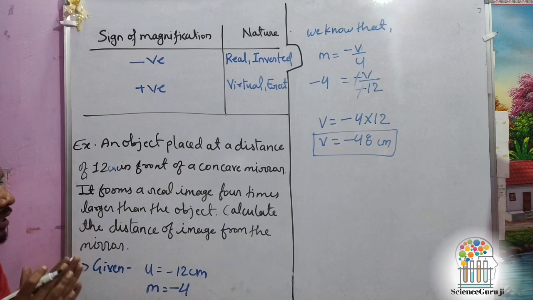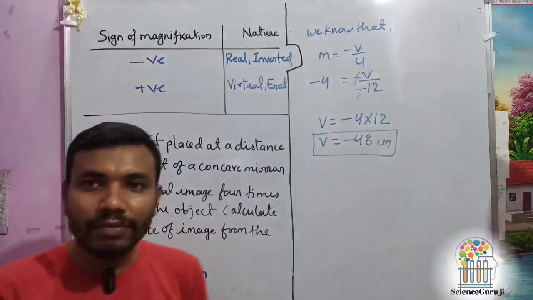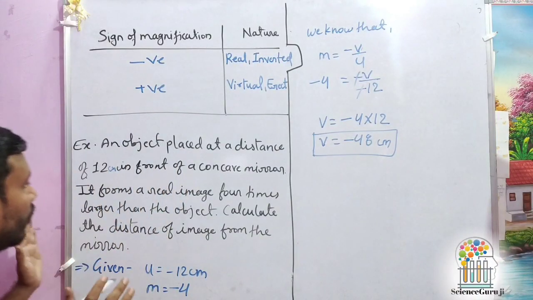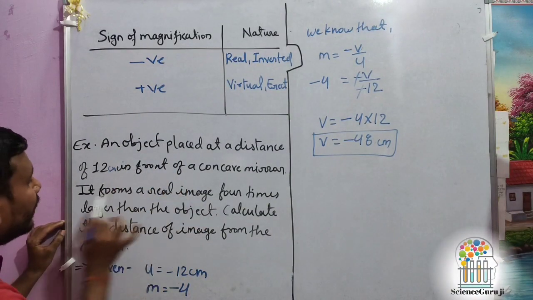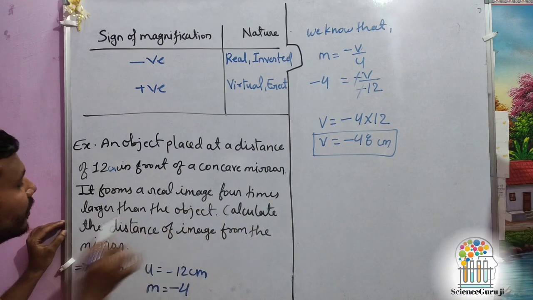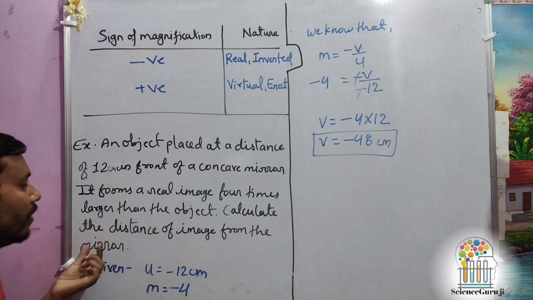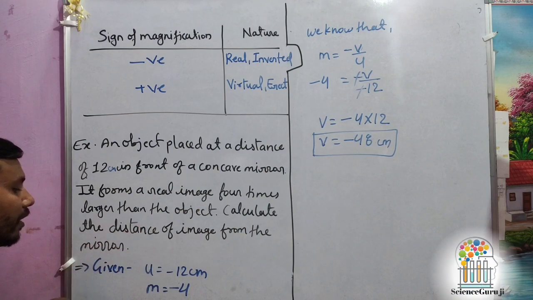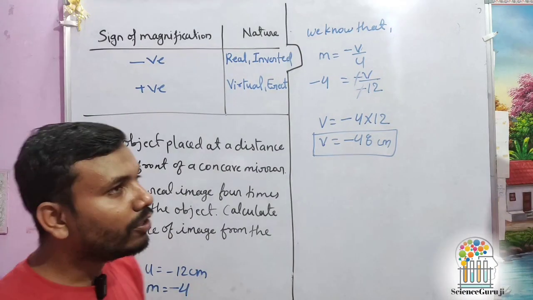We have to see which kind of image is forming and what magnification is given. Next, it forms a real image 4 times larger than the object. Calculate the distance of the image from the mirror. So we have given here our object distance, that is minus 12 centimeter, and m, the magnification, that is minus 4. Okay, so we know that.